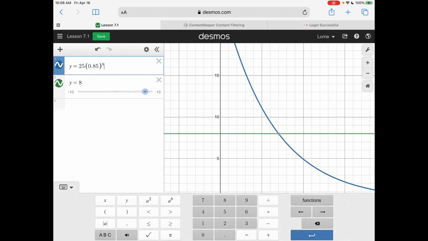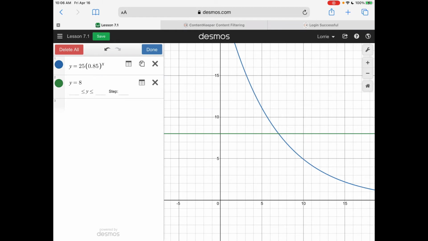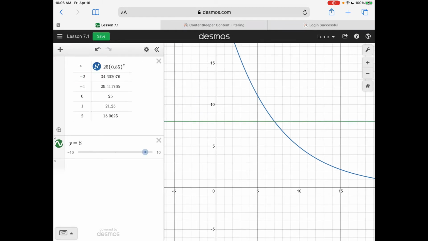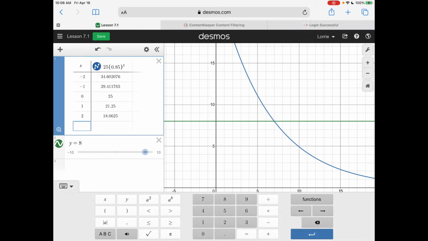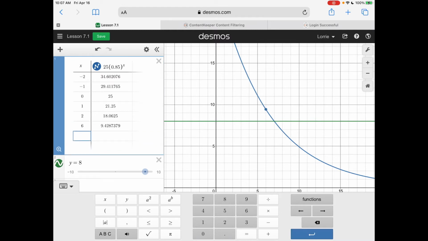But if you wanted to, you could use the chart here. You could see just by looking at the graph that we're probably somewhere around a value of 6, 7, 8, somewhere in there. So we could put in some values and see where we are close to 8 for a y value. So 6 maybe, that's a little big, 7, and then 8.